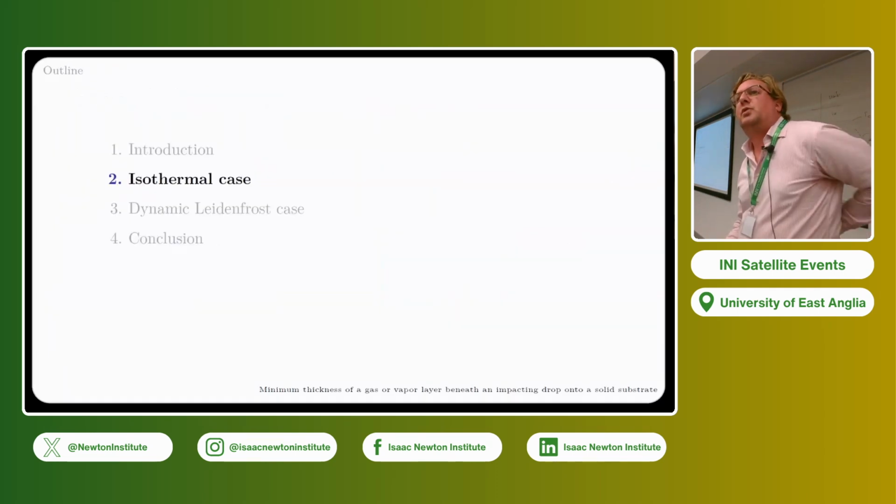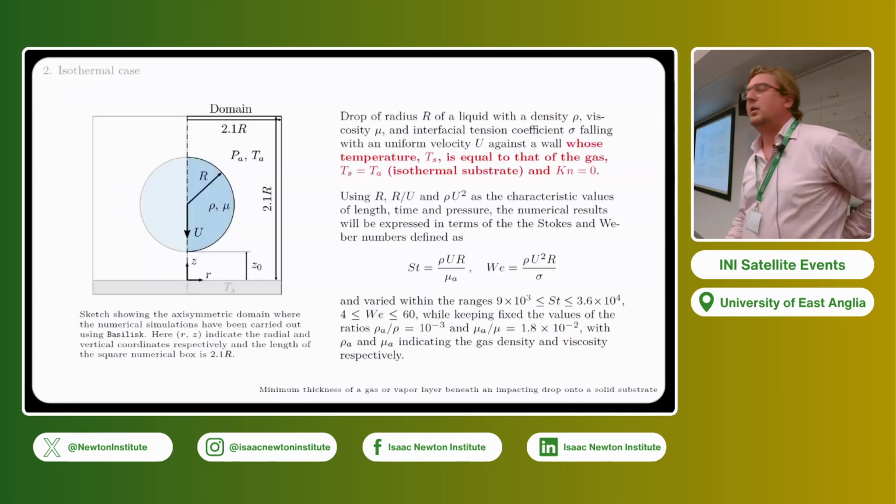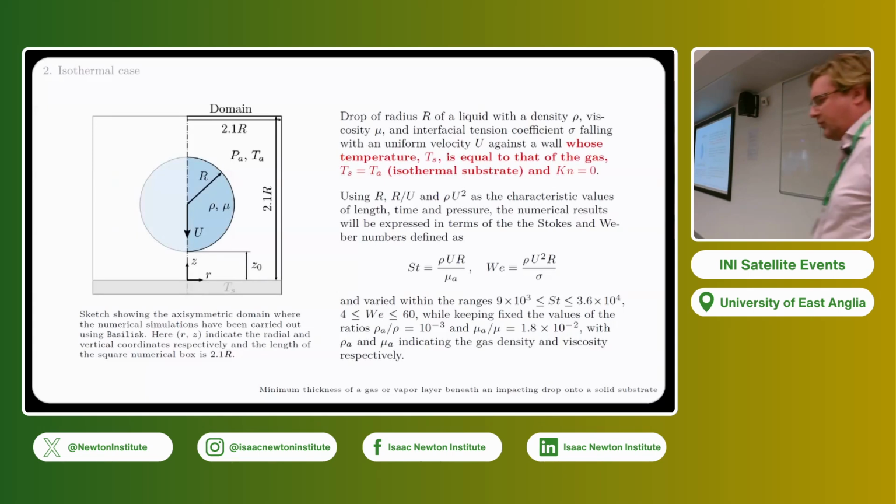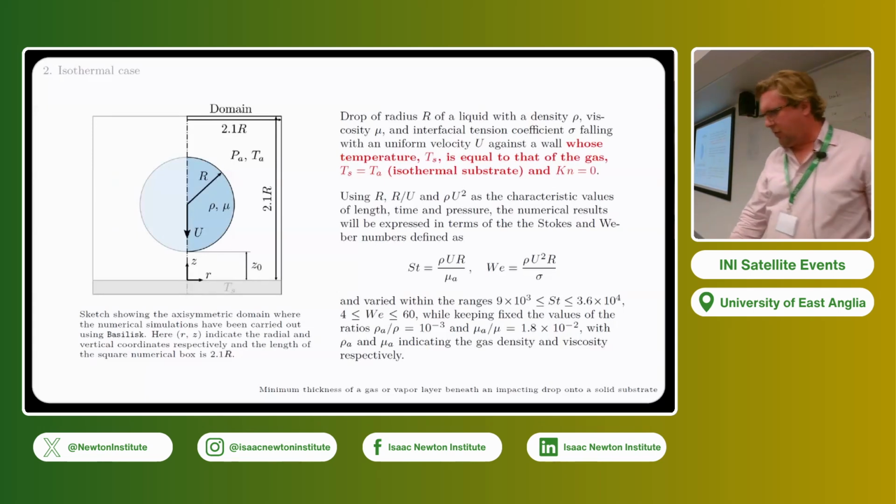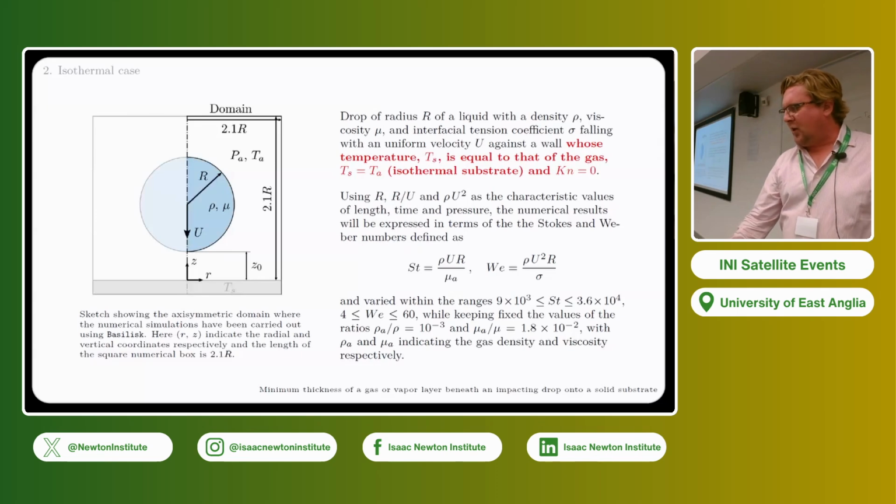So we use this result and now we would like to determine the minimum thickness in the isothermal case. To do that, we perform numerical simulations using Basilisk. The temperature is ambient temperature for the solid. I introduce the Stokes number and the Weber number. We varied these two dimensionless numbers over a large range.